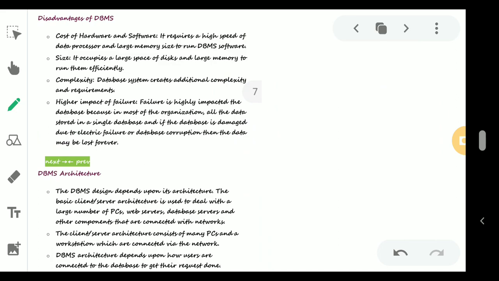Suppose application 1 wants to update data and application 2 wants to write data on that particular file. That leads to a concurrency problem, because it matters whether the update or the write happens first. If application 1 takes the update first, then it will get a wrong update.